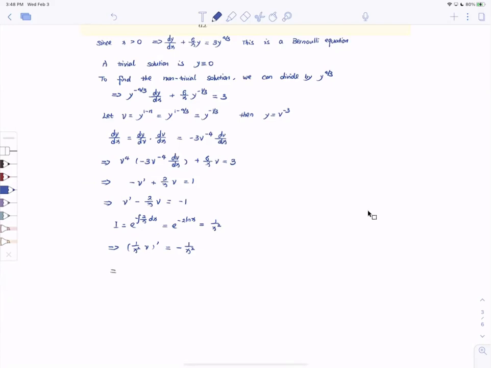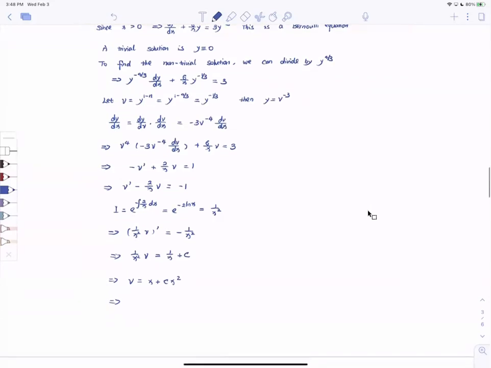And take the integral on both sides. 1 over x squared v equals 1 over x plus c. So v equals x plus c x squared. So y equals v to the negative 3. So y equals the whole thing to the negative 3.